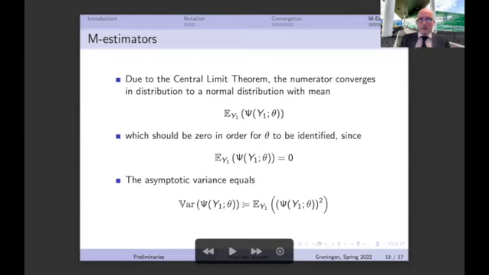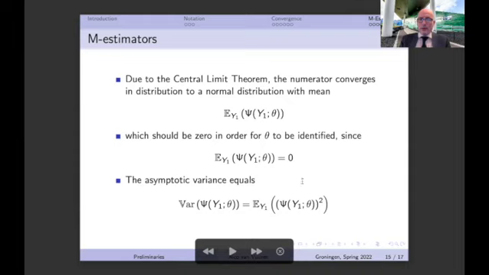Well, the asymptotic variance, as already said, is going to be the population variance. In this case, it's just a second moment, because the variance is always equal to the second moment minus the first moment squared. But the first moment is in this case equal to 0.